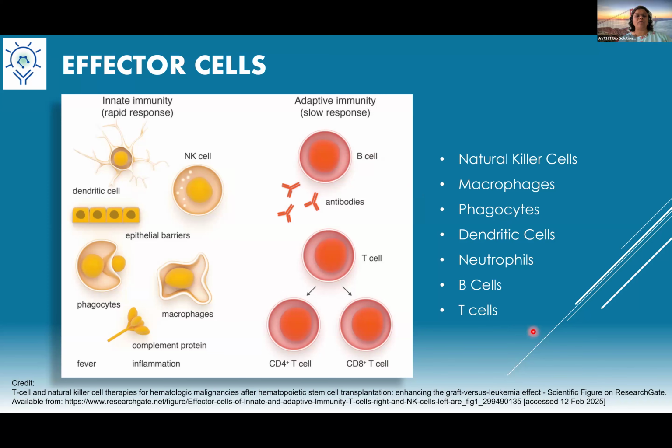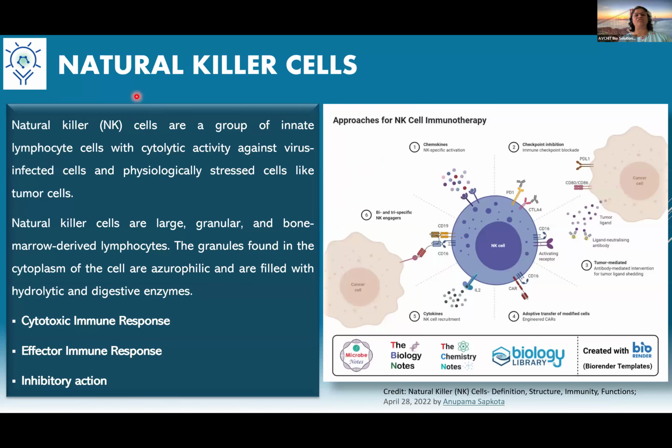So let's talk about a very common and very effective effector cell, the natural killer cell. Natural killer cells are a group of innate lymphocyte cells with cytolytic activity against virus infected cells and physiologically stressed cells like tumor cells. They are typically large, granular, bone marrow derived lymphocytes. The granules found in the cytoplasm are typically azurophilic and filled with hydrolytic and digestive enzymes.